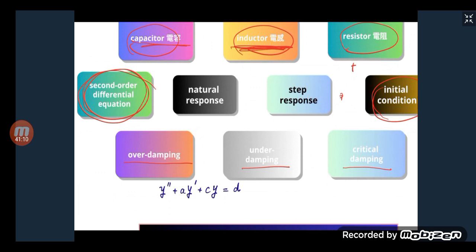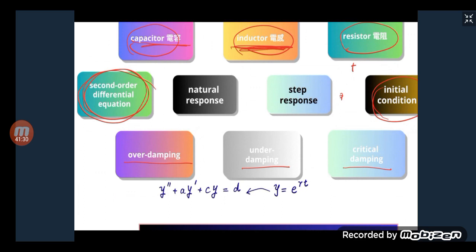right? 在公数应该有学过。And the general method to find the homogeneous solution is to assume that y is equal to exponential of gamma t, right?